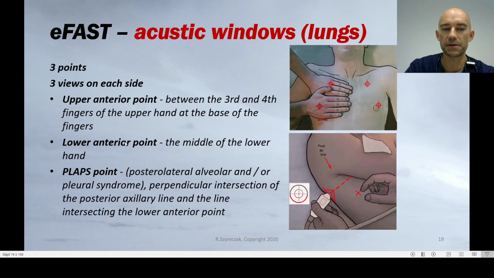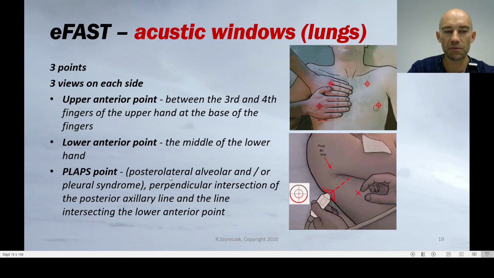Then the lower anterior point is in the middle of the lower hand. So when you put your 2 hands, the middle of the lower hand will be the lower anterior point. It's the level of the nipple, let's say, and the anterior axillary line, I would say.